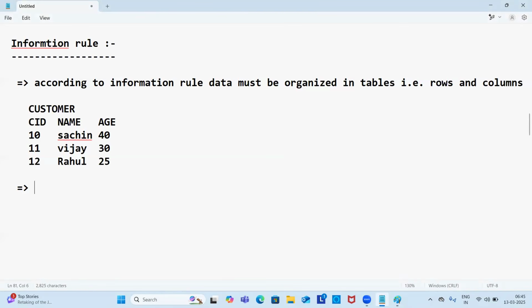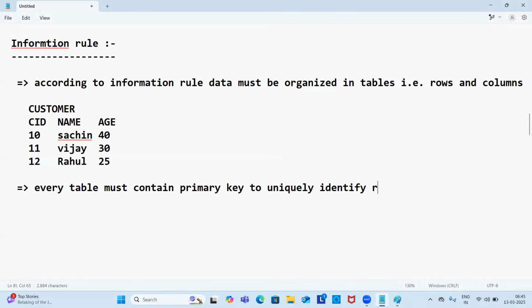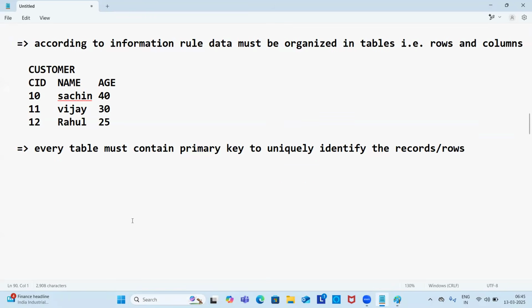Another one about RDBMS: every table must contain a primary key to uniquely identify the records, or the rows. So every table must contain a primary key.